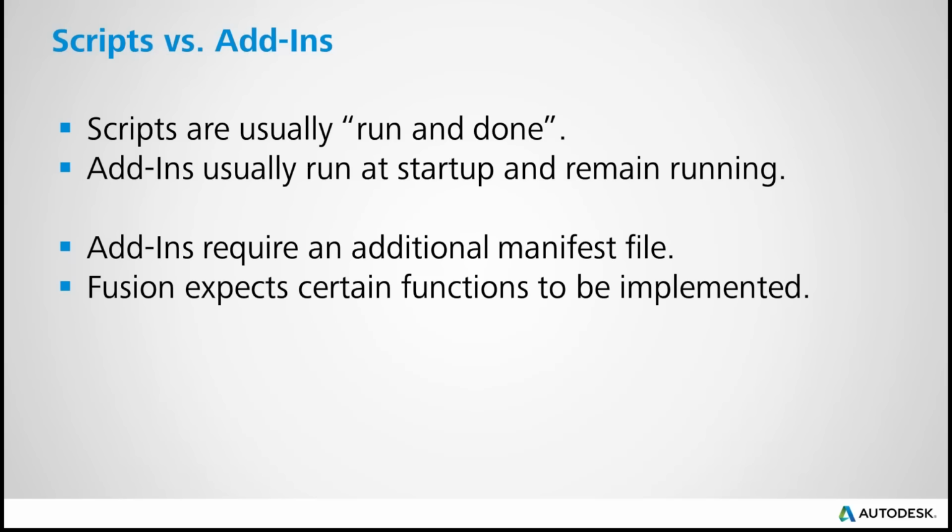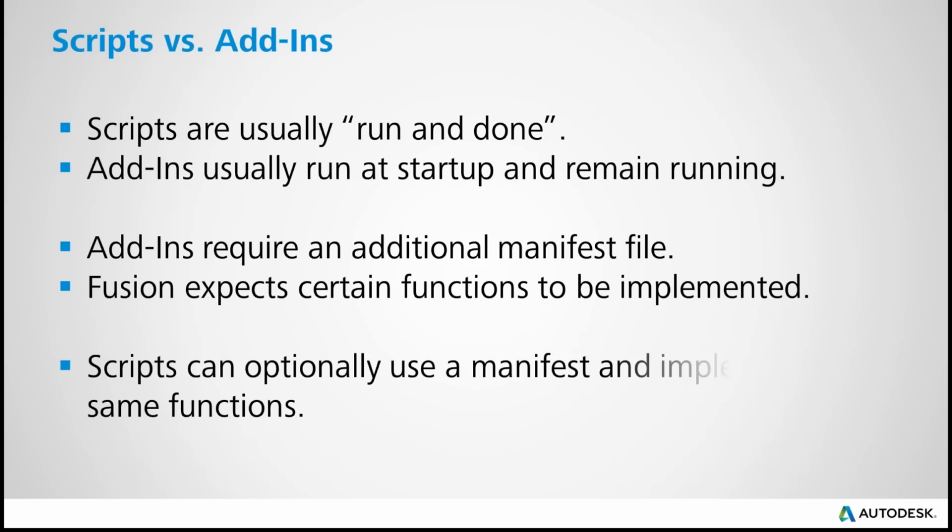When Fusion starts it up, it calls a particular function called a run function, and that's the entry point for the add-in. Then there's a stop function that Fusion will call when the add-in gets unloaded. An add-in is expected to follow certain rules, and scripts can follow those same rules, but don't have to.